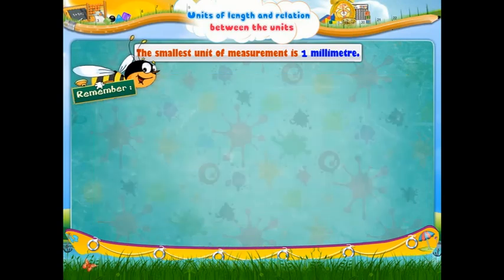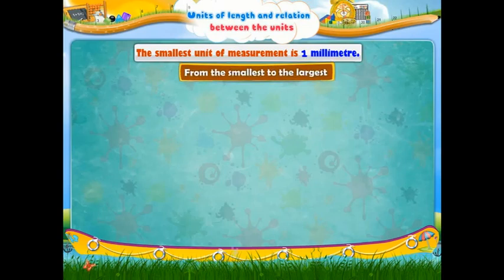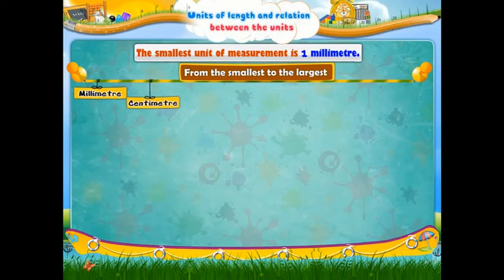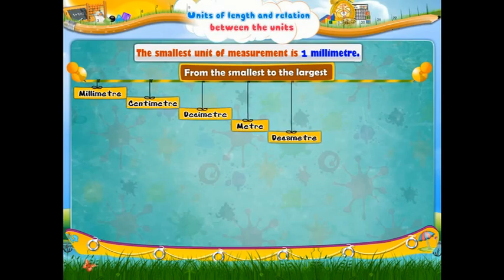So, can you now tell me all the units of length from the smallest to the largest? Yes, they are millimeter, centimeter, decimeter, meter, decameter, hectometer and kilometer.